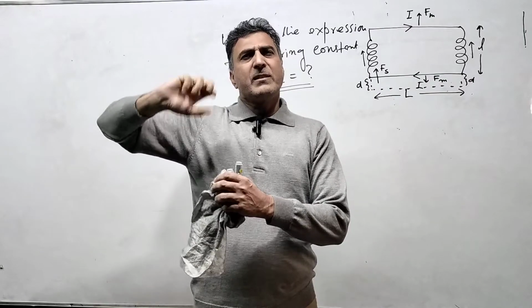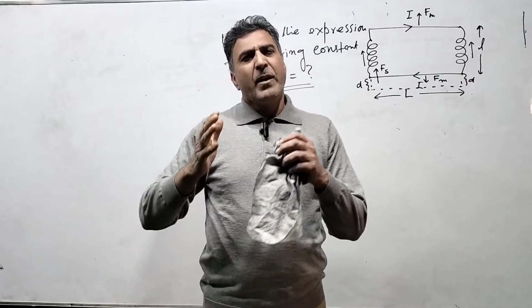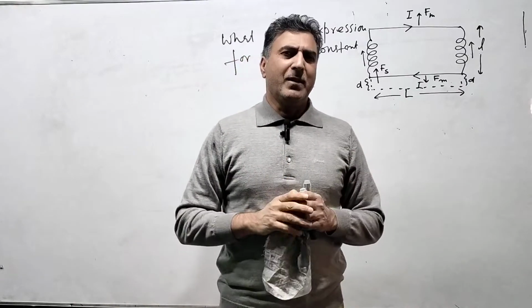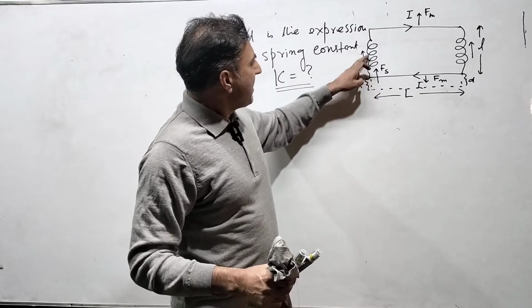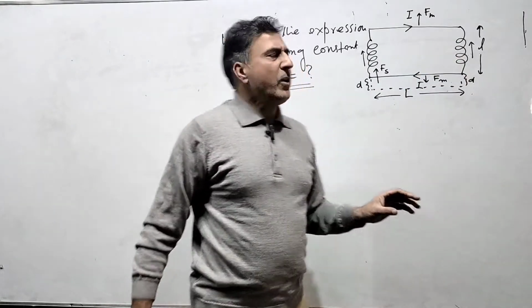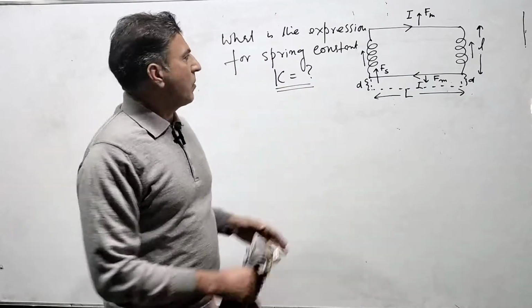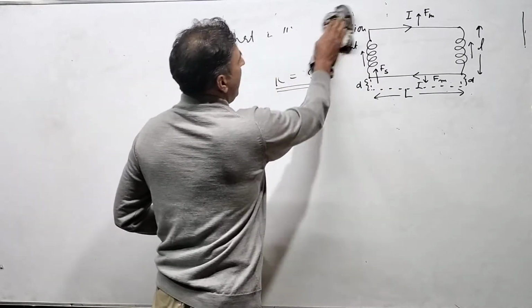The force will try to bring the spring back to the relaxed condition. At equilibrium, these two forces have to be equal, but at equilibrium, it has already stretched by d. It has also stretched by d, and we have to find the spring constant. That is all. Okay. Now, how to do that?